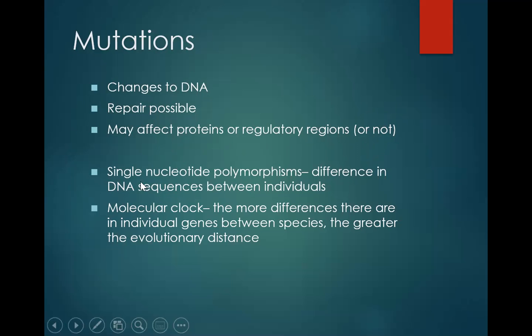Some of those mutations, if they're small, we call them single nucleotide polymorphisms. Those are differences in DNA sequences between individuals that occur reasonably frequently. Many of them are not associated with any bad outcomes, but some of them are associated with disease outcomes or different traits between individuals.